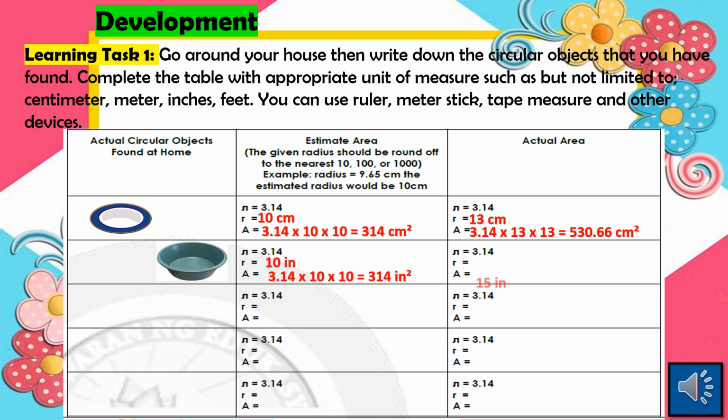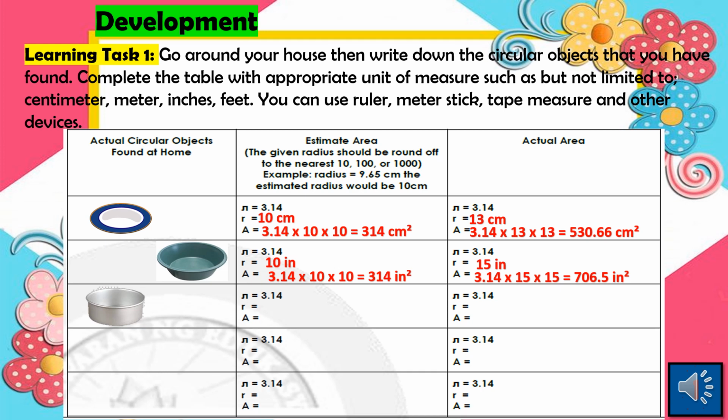And for the actual area, we have the radius as 15 inches. So we are going to multiply 3.14 times 15 times 15 because we are following the formula of finding the area. So that is equivalent to 706.5 square inches.